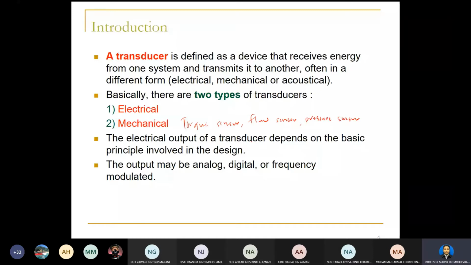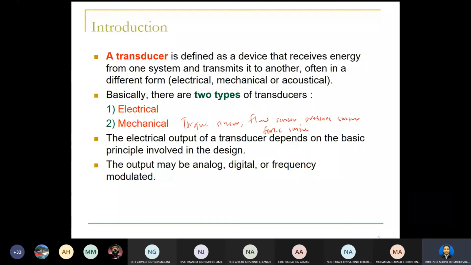But as I mentioned to you, our syllabus focuses more on electrical transducers, more on electrical sensors. The electrical output of the transducer depends on the basic principle involved in the design.